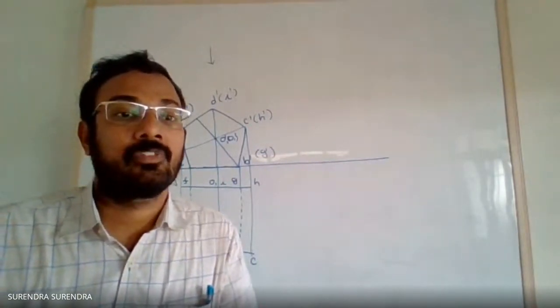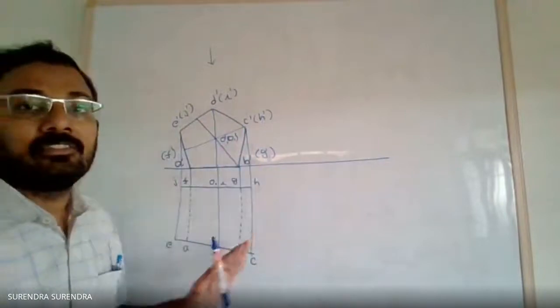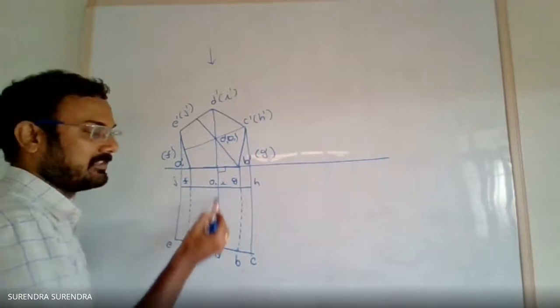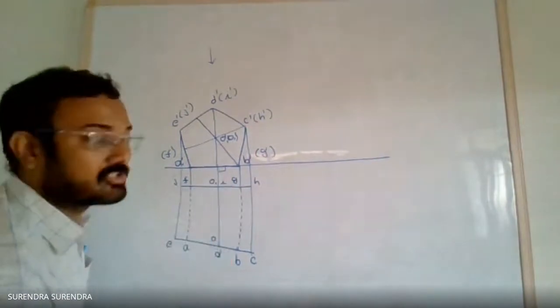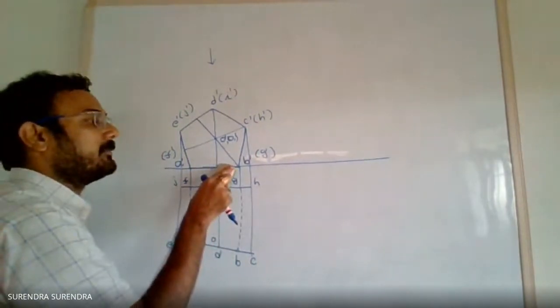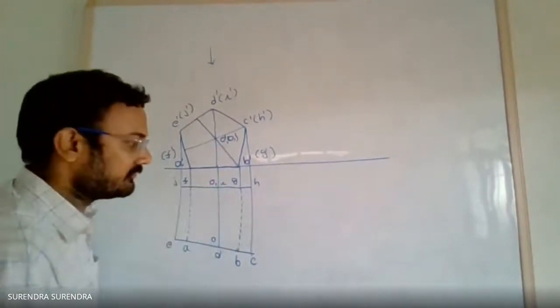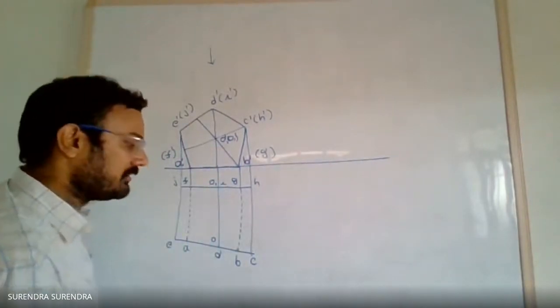In the initial condition, the axis is perpendicular to the vertical plane. This is the axis line. So you have drawn, assuming the axis perpendicular to the vertical plane. Now we have to redraw the shape in top view.